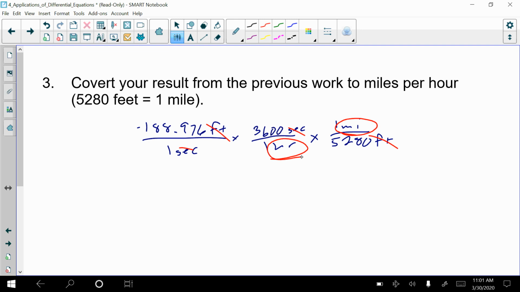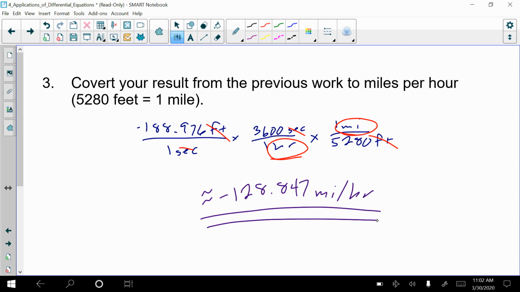So when you multiply 3,600 by the velocity that we had, the almost negative 189, and you divide it by 5280, that will give you your answer in miles per hour to be approximately negative 128.847 miles per hour. I'm not sure how Dan's squirrel suit really helped him out so much, because if you're traveling 128 miles per hour and you hit the ground, I don't think there's going to be much left of you after that.